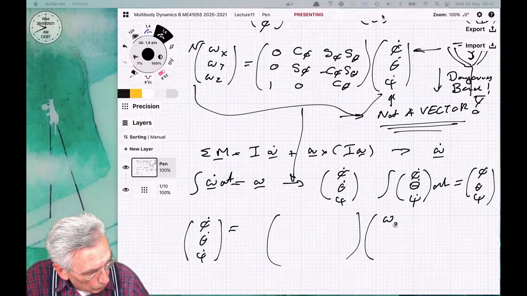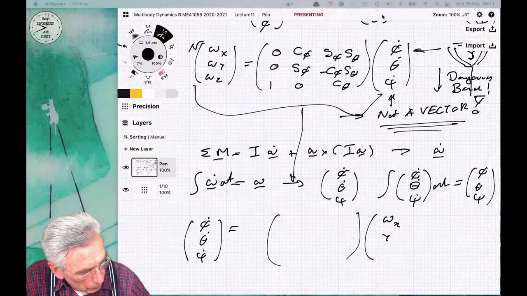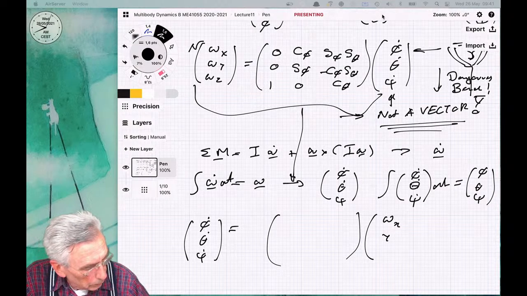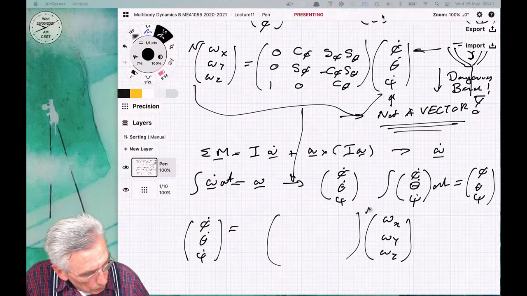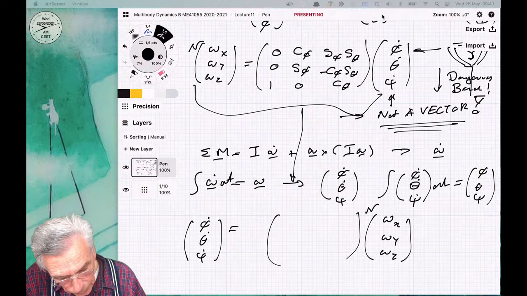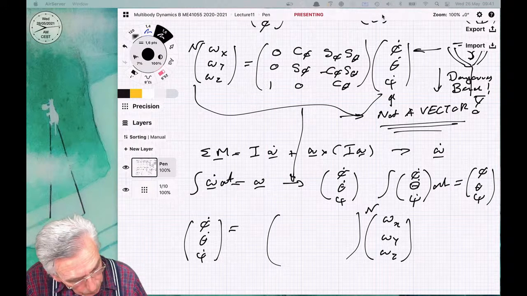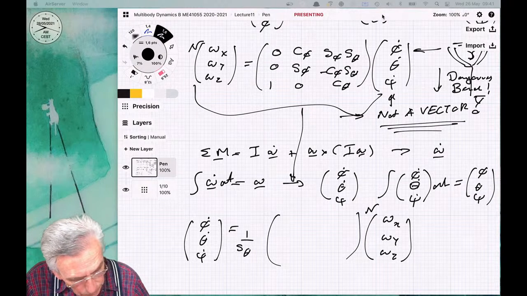So that should work, right? Omega x, omega y, omega z. If I do the inverse, what do I get? Well, 1 over sine theta I get, and then I get sine psi.